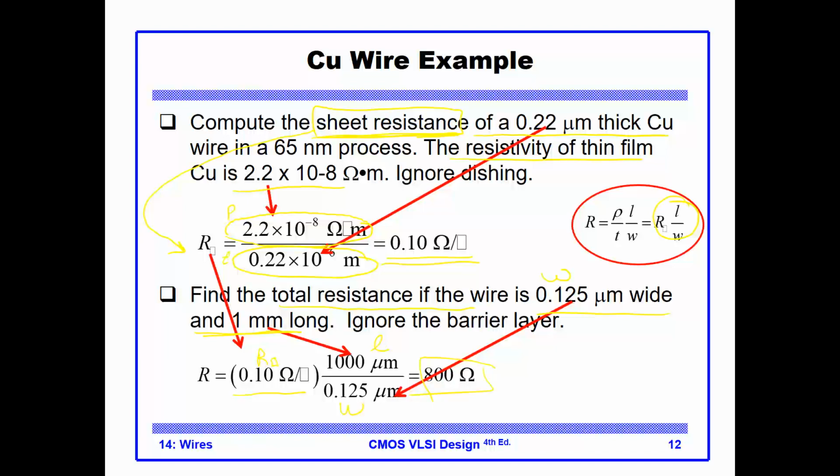We would like to remember this number throughout this course, that 1 millimeter of wire has resistance of 800 ohms. You might see this in some of your exams or assignments, so I want you to keep this in mind, unless we assume other numbers and other widths for you in the assignment or the exam.